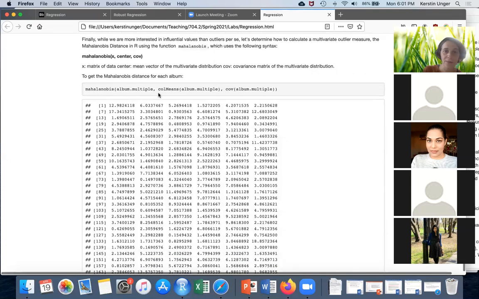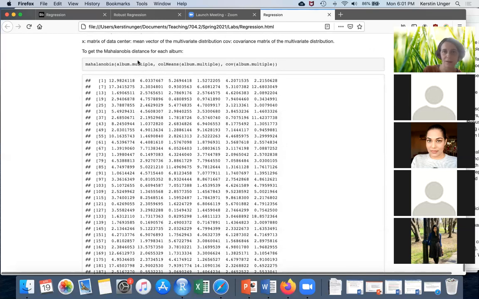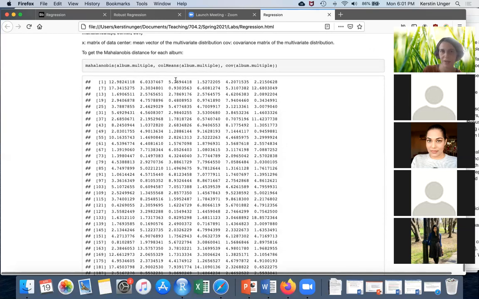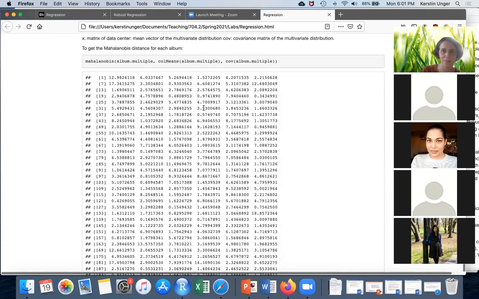And then for our example, if we want to get the Mahalanobis distance for each album, so for each case, we just give it the original data frame, then the mean vector, which we pull using the function colMeans, so just the means from all columns, and then the covariance of our 4 data vectors, so for 4 variables, the variance-covariance matrix.